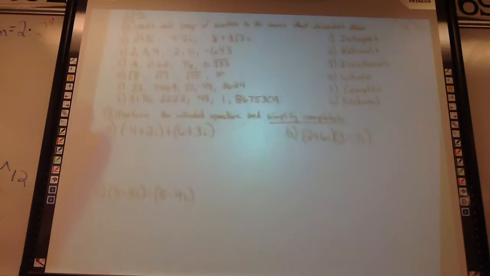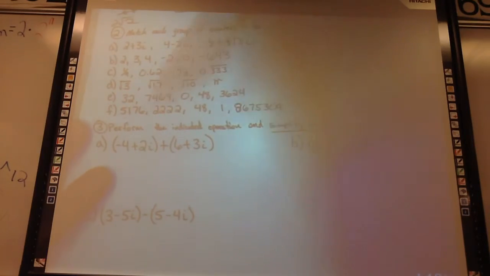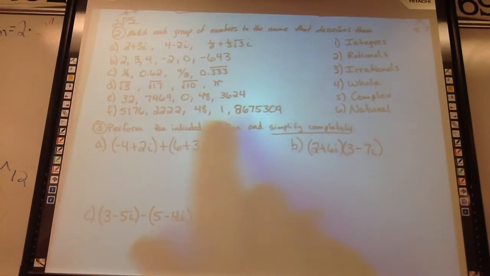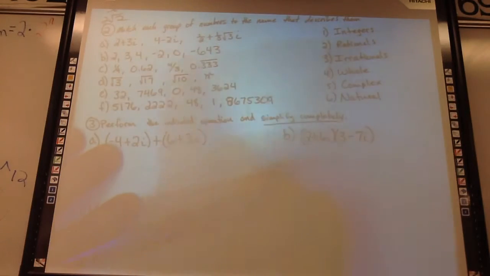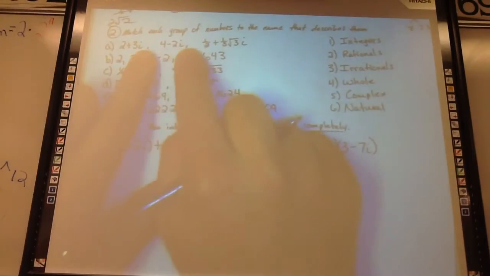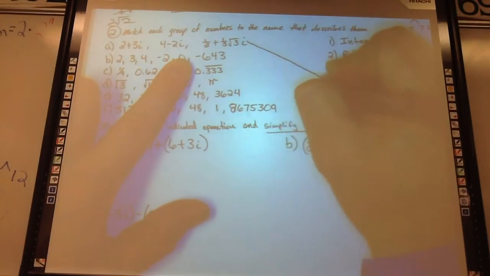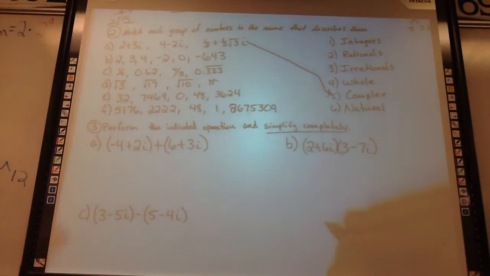The number types. This was funny. I put them on here randomly, and then the way it worked out, they're all almost right across from each other. Except for the top, I should have just made them all perfectly right across. People would have been like, no way, that's right. First one, those are complex. So if you drew lines, it looked like this.